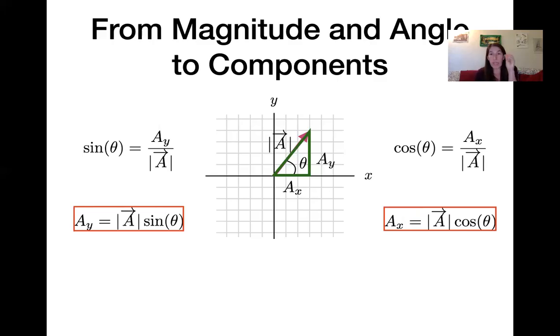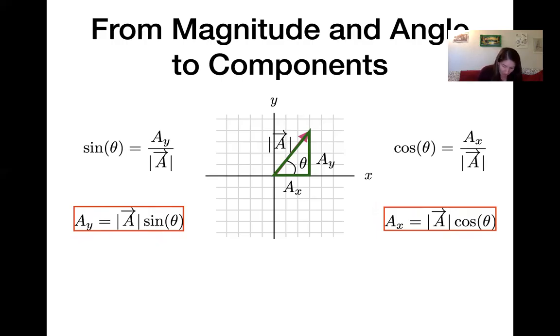Now, one thing to keep in mind, the y component of a vector is not always going to be associated with sine, and the x is not always going to be associated with cosine. Sometimes these will be switched. When will they be switched? Well, it depends on which angle you are given.